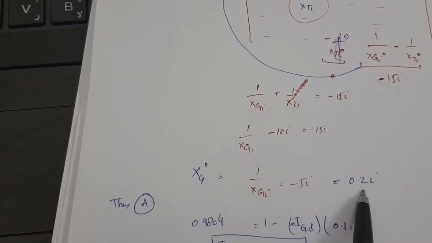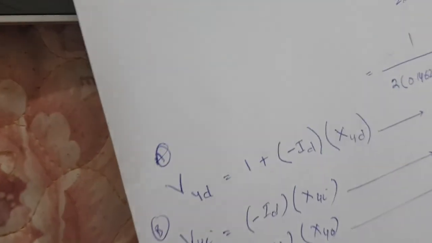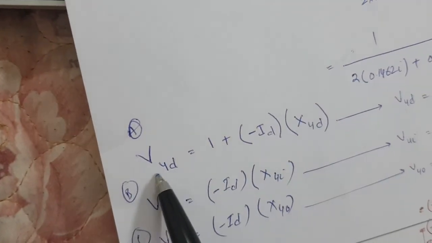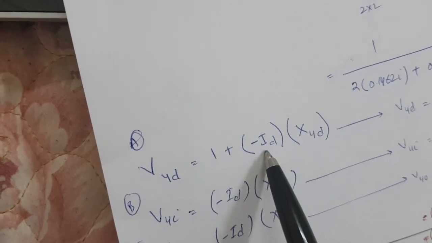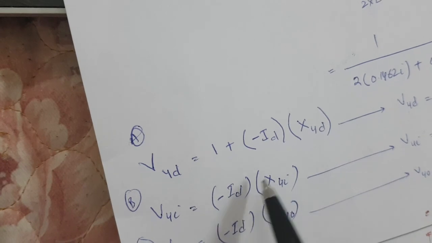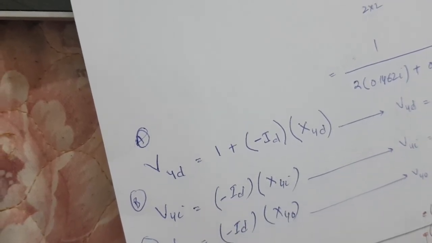Now you can put the values in your original equation, as we now know all the unknown quantities. This one we have known, V4d, X4d. You can find Id, Ii and I0 for all three cases.